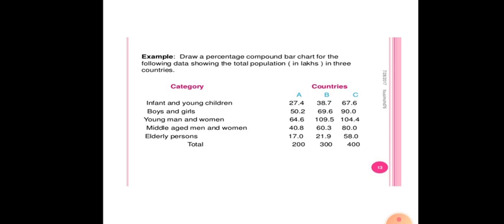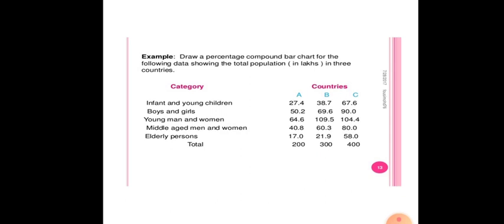It means that out of this total of 200, which is given, 27.4 are the young children in country A. Now this 27.4 you have to convert into a percentage. All this data you have to convert into percentages.